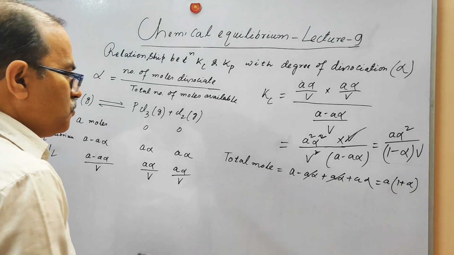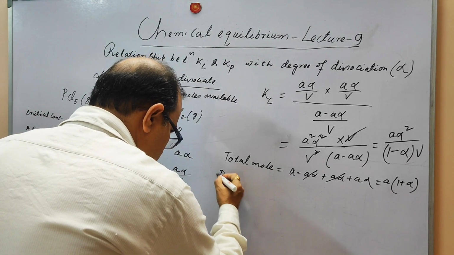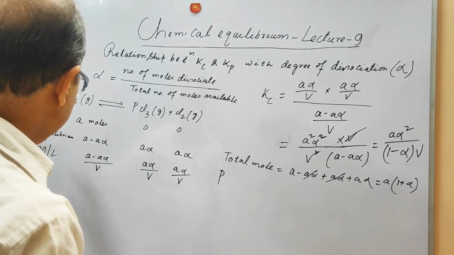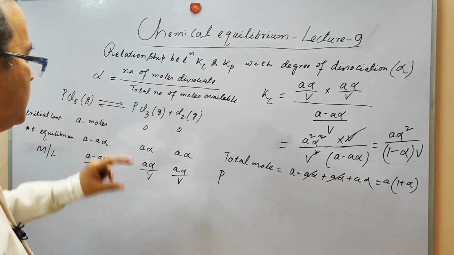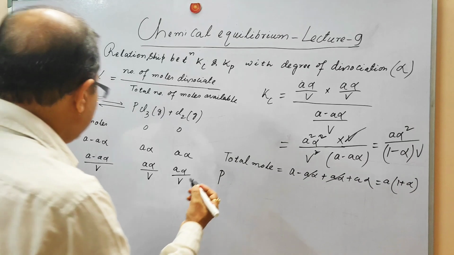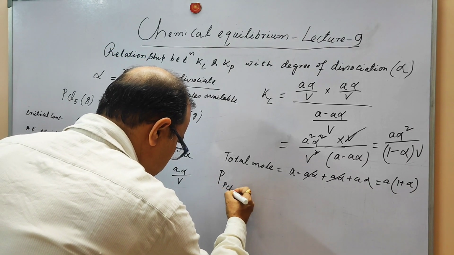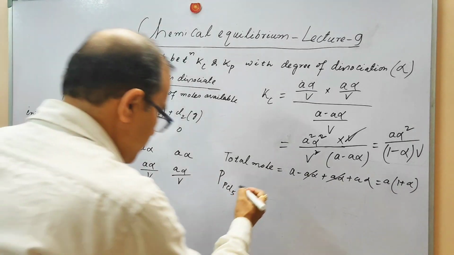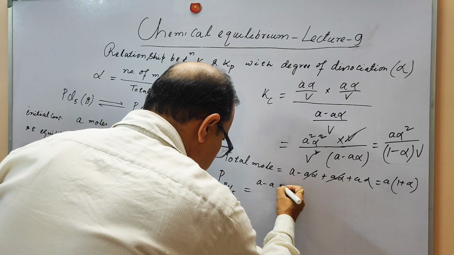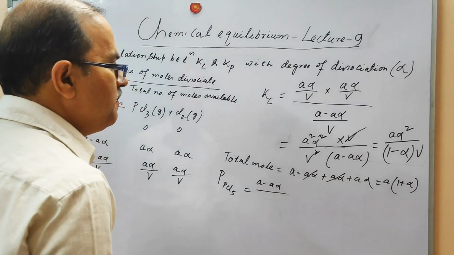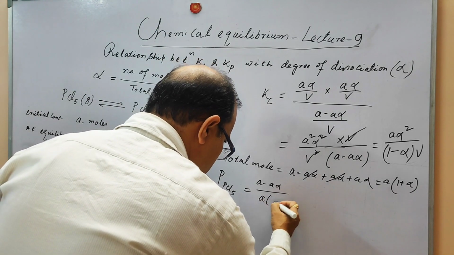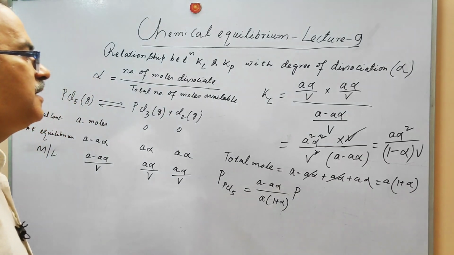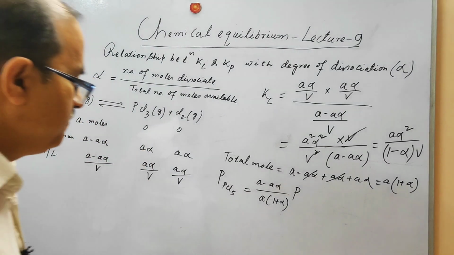Okay. So when the reaction is at equilibrium, the partial pressure of PCl5 will be its mole fraction times the total pressure. Mole fraction will be what? It is A into (1 minus alpha) divided by total moles, and total pressure is the pressure in the vessel, in the container.